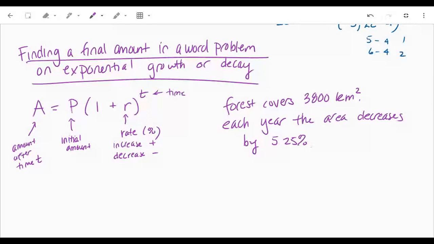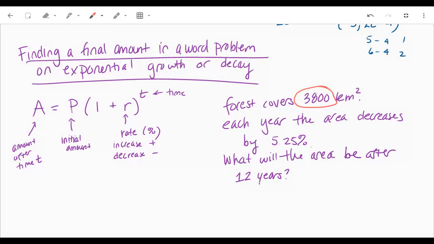Okay, what will the area be after 12 years? Okay, so we're going to mark this up a little bit here.